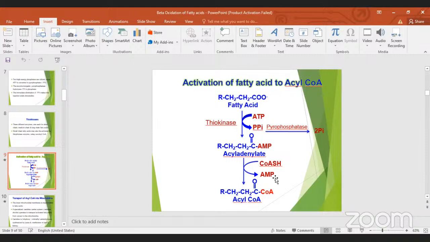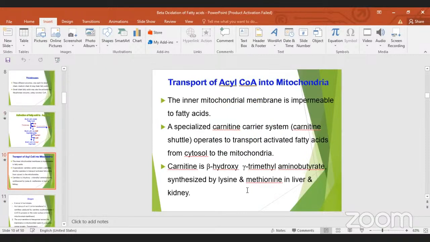AMP is released to form the acyl CoA. This process takes place in the cytoplasm only.